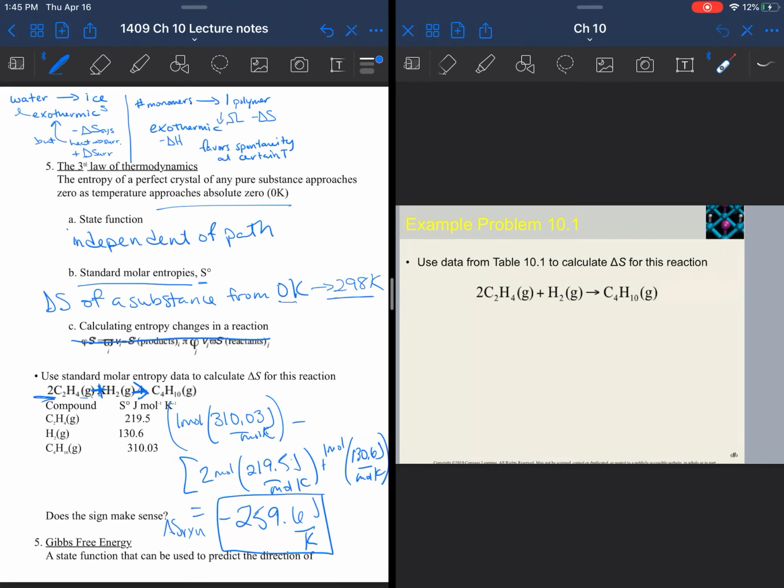Well, look at the stoichiometric ratios. We have 2 and 1, so we have 3 moles on this side to 1 mole on the product side. There's going to be a lot less microstates for the product side where there's only 1 type of molecule. So yes, this sign makes sense for us and how we would judge that change in entropy.